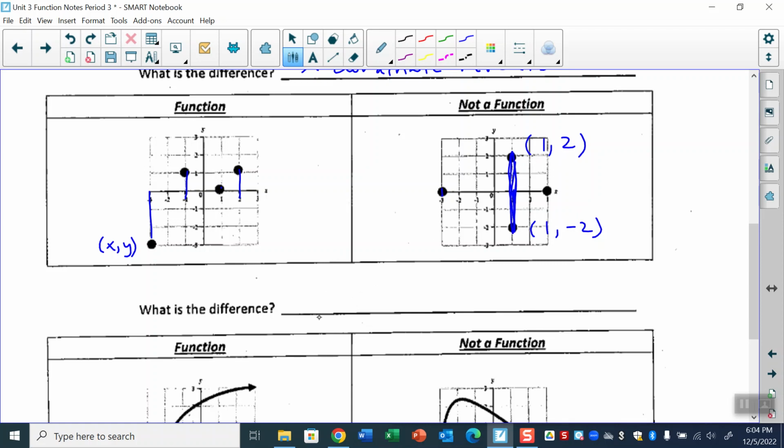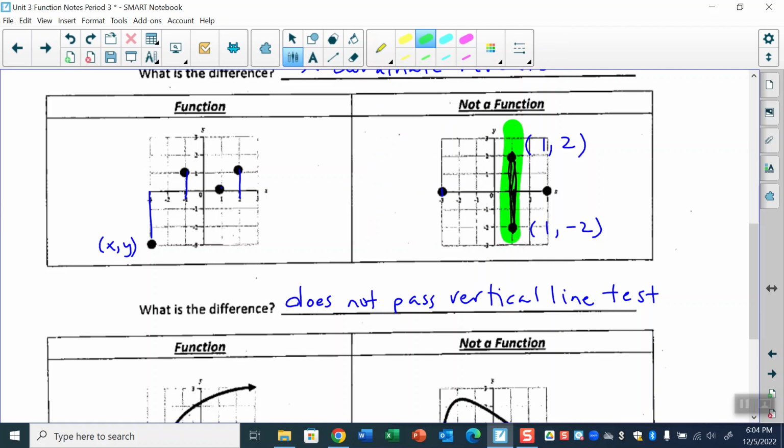All right, so we'll say this does not pass the vertical line test. I can draw a vertical line from this point to this point, right? And that contains both of the points. And that is a clue that the x's repeat. All right, and so it is not a function.